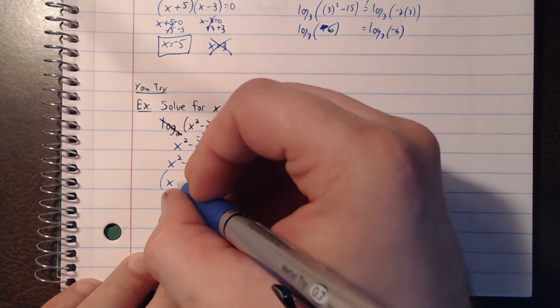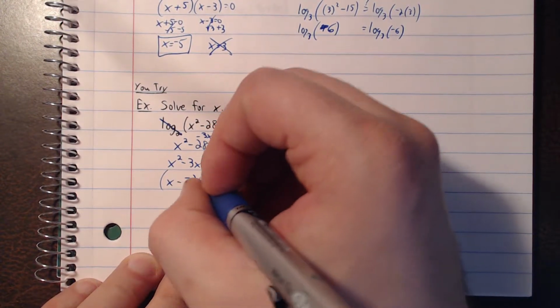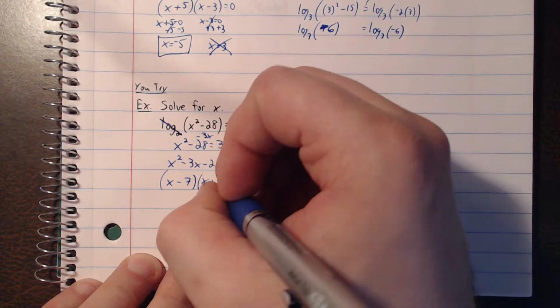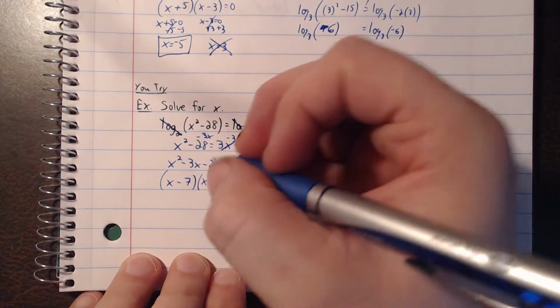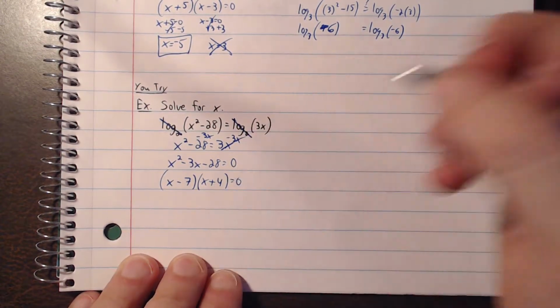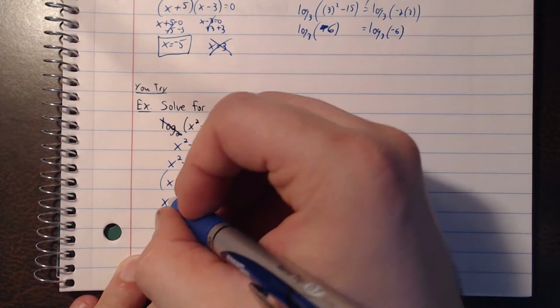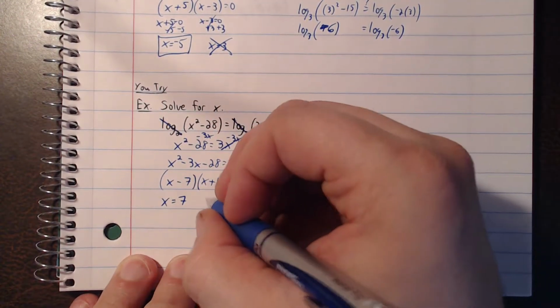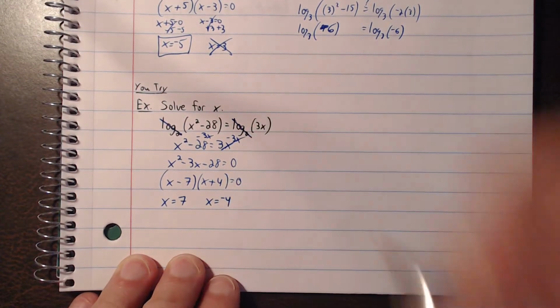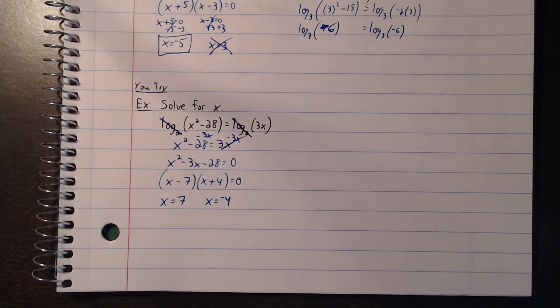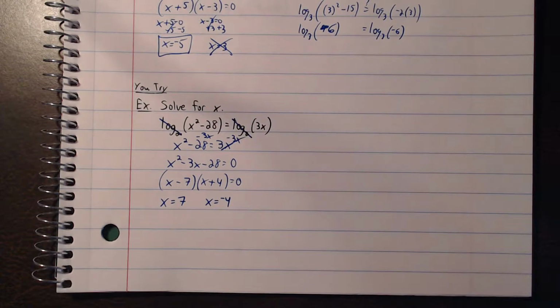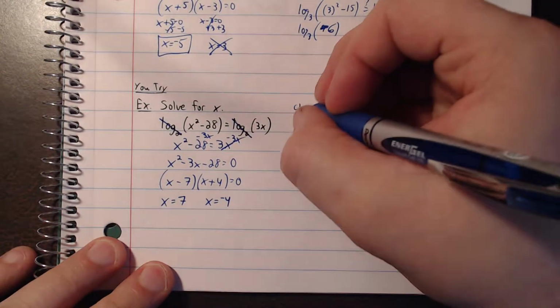I'm coming up with x minus 7 and x plus 4. If we set each of those equal to 0 and solve, you would have come up with positive 7 and negative 4. But we need to check to see if either or both actually work.